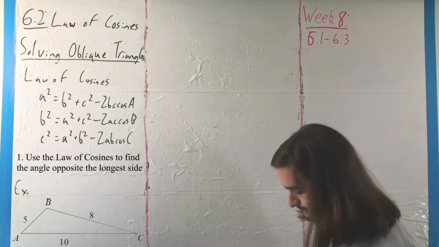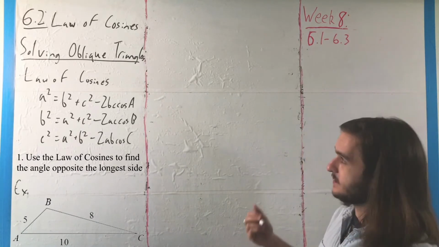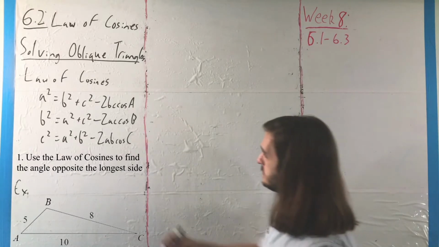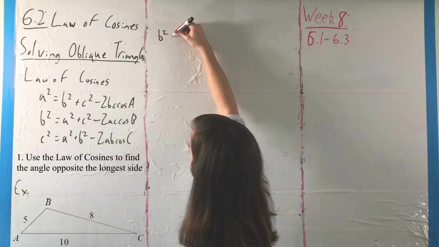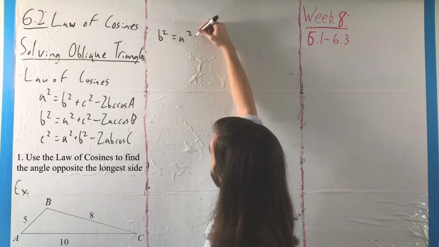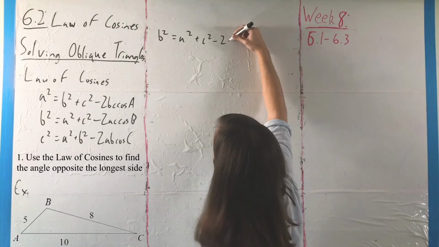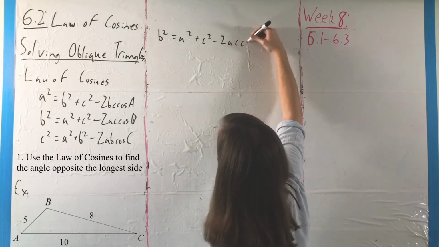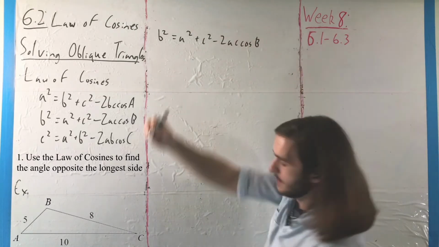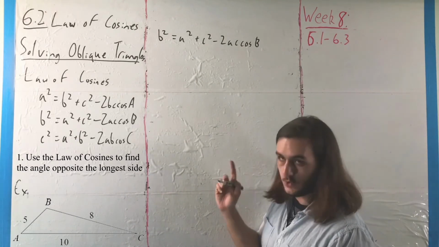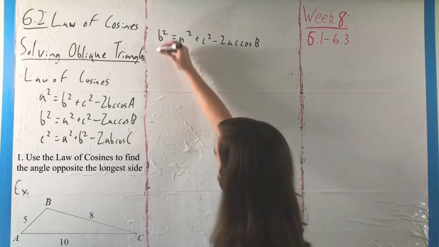That means if we want to find capital B, we can start with this formula: b squared equals a squared plus c squared minus 2ac cosine B, and rearrange it so we get the cosine B alone on one side.